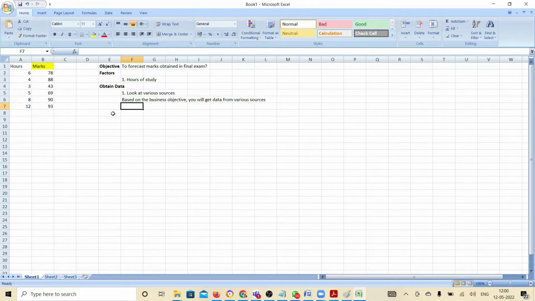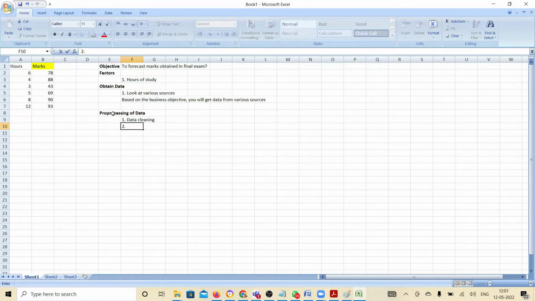Once you obtain data, then there are some pre-processing steps, we call it pre-processing of data. What is pre-processing of data? Pre-processing of data means data cleaning, right? Before you use it, you need to clean the data, correct? You need to clean the data, okay?